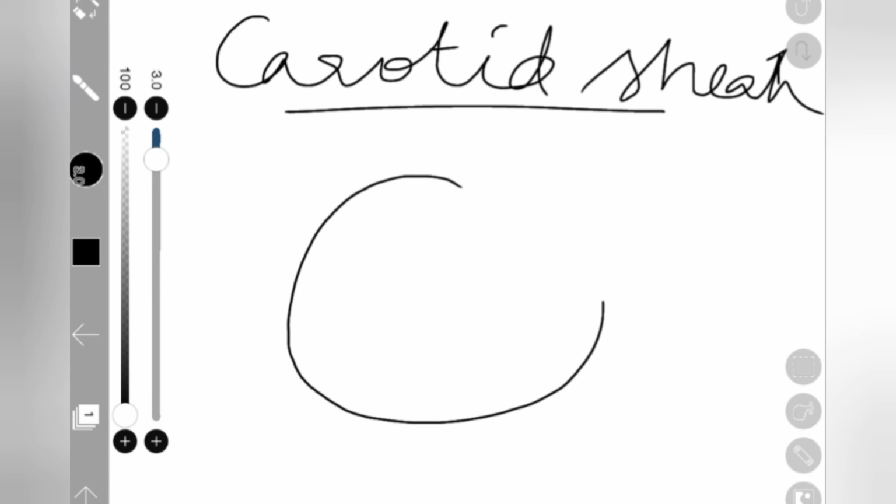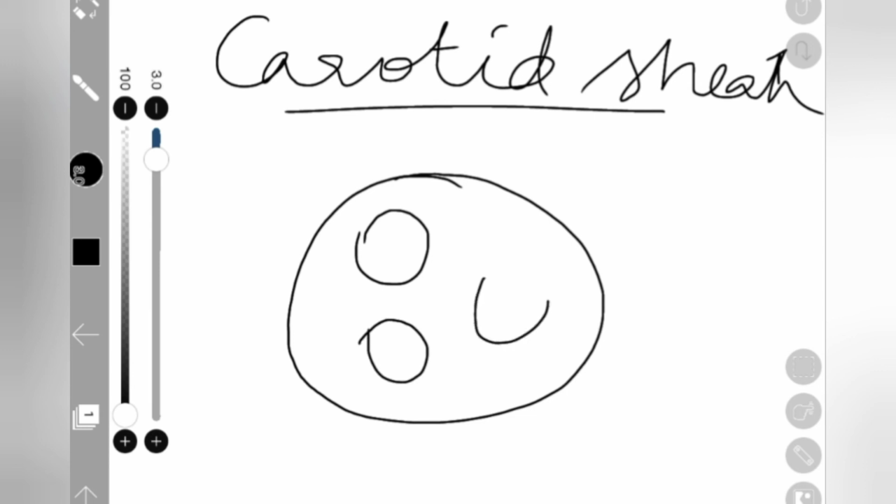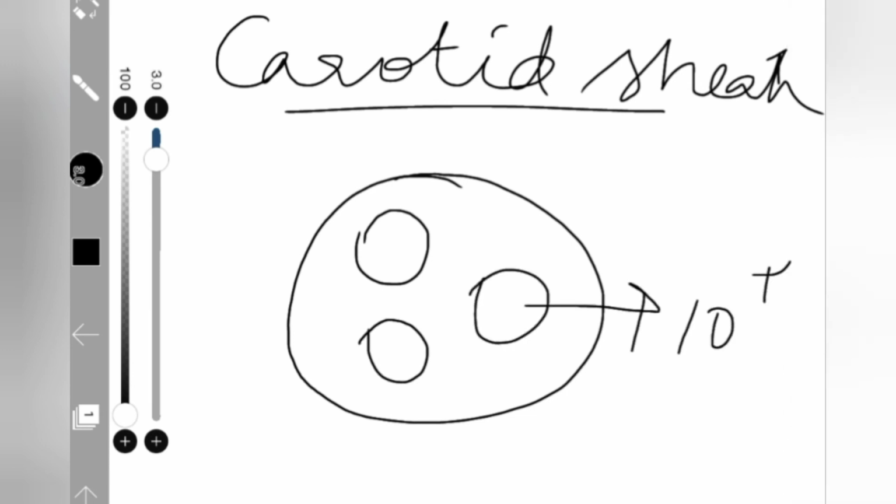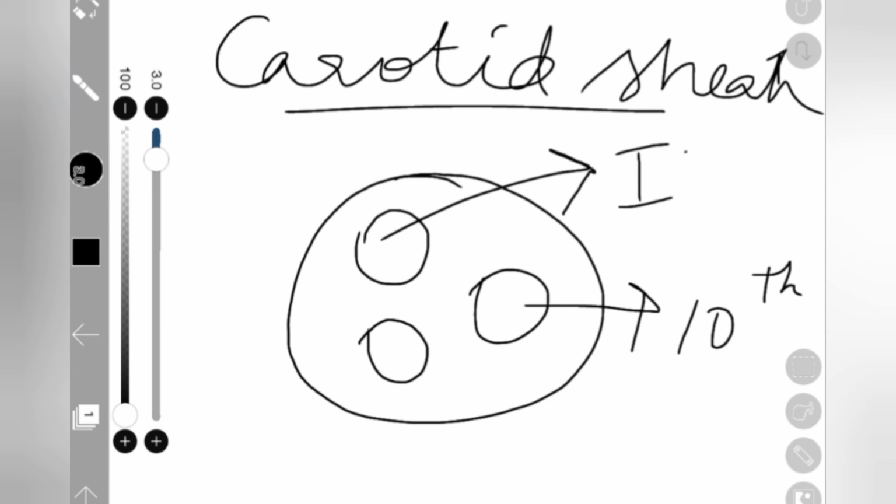see, it is like this, a sheath, a covering. This covering encloses an artery, a vein, and a nerve. The nerve is the vagus nerve, that is your 10th cranial nerve, and the vein is the internal jugular vein, and the artery is the common carotid artery and the internal carotid artery.